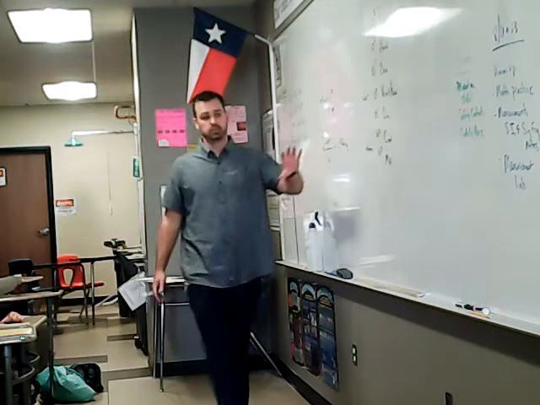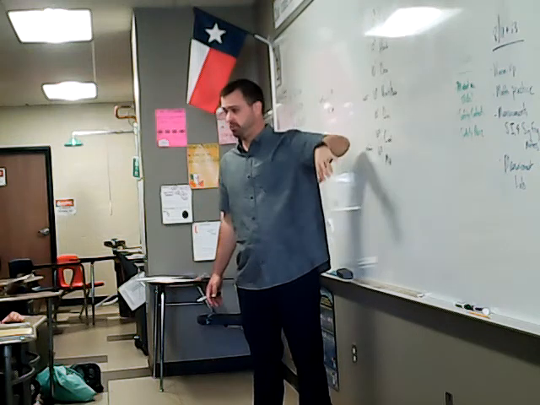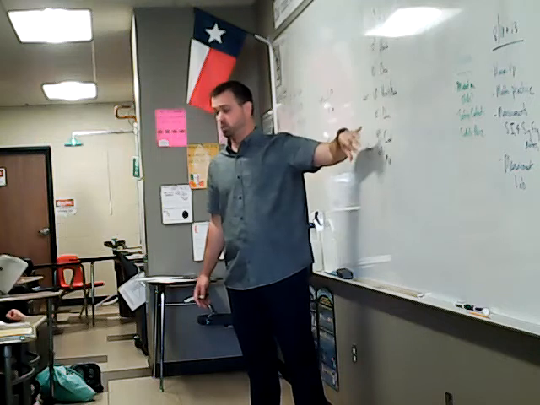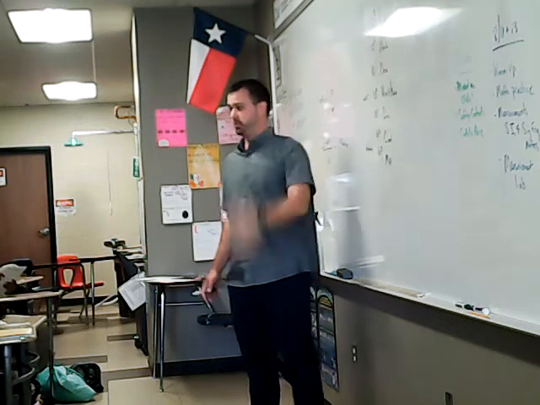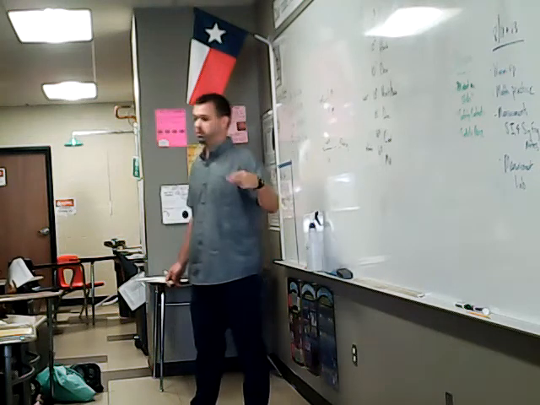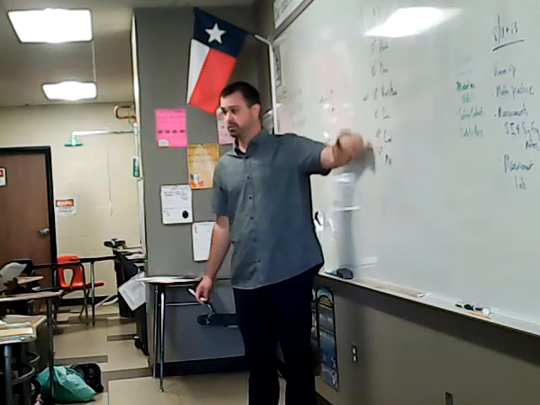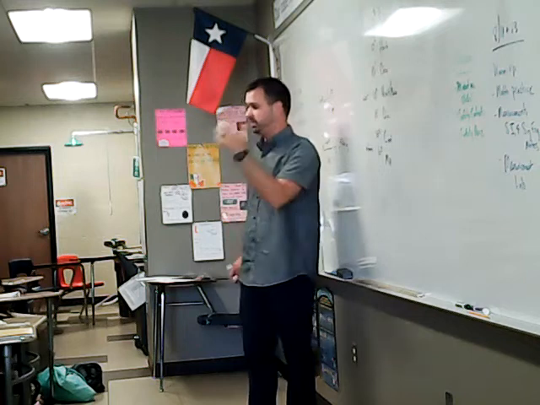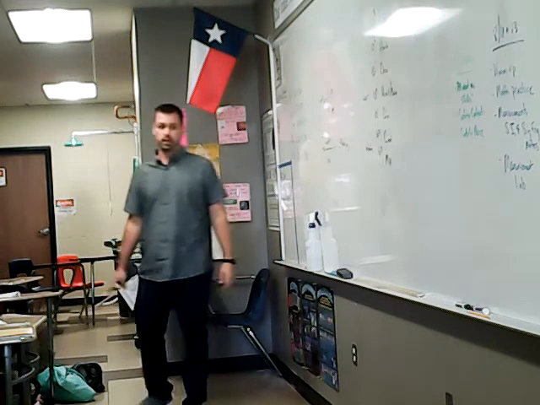I have a graphic of this that I'll post on Canvas, but if you want to take a picture of this, you won't get this on your test. You will get periodic resources, but this you will not. Hopefully the factor of 10 scale is very easy, and if you write that down, it'll be very easy to memorize.